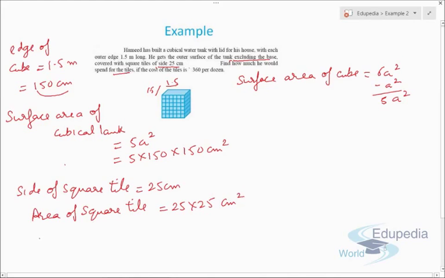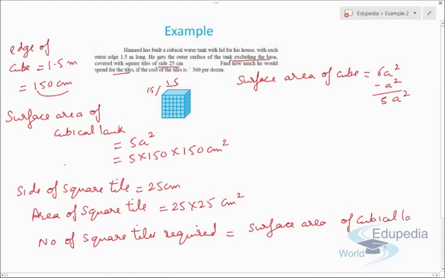So the number of square tiles required will be the surface area of the cubical tank divided by the area of the square tile, right?